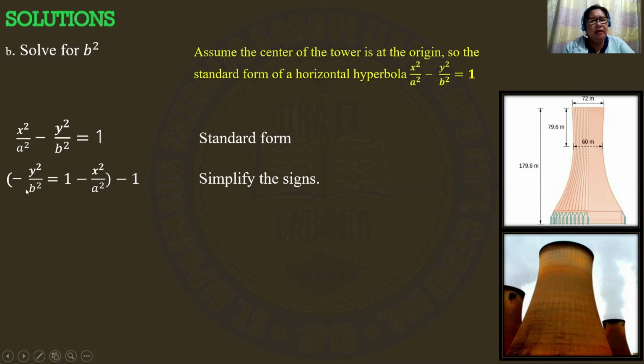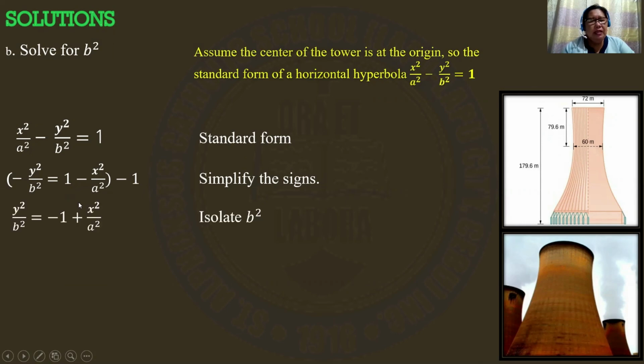Multiply this by a negative 1. We have y squared over b squared. And this by a negative 1 is negative 1. Here by a negative 1, it's positive x squared over a squared.